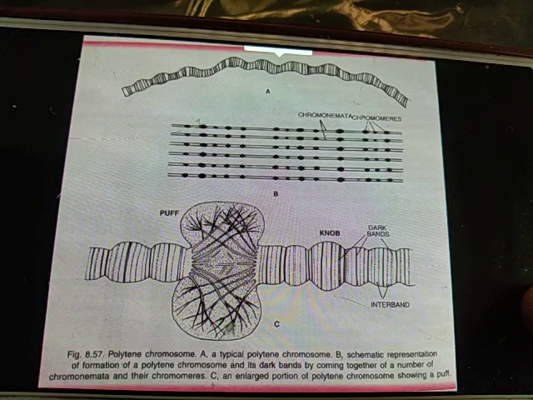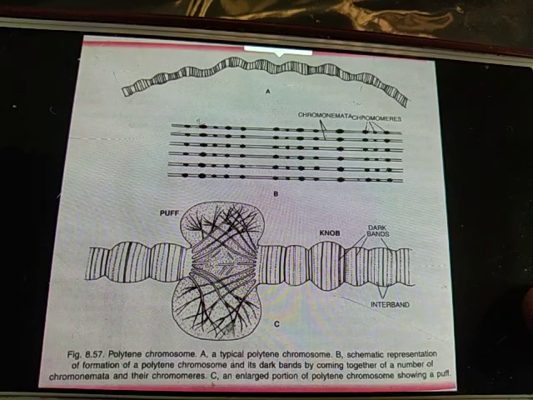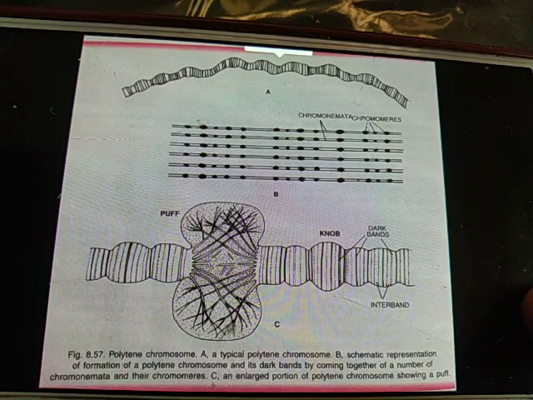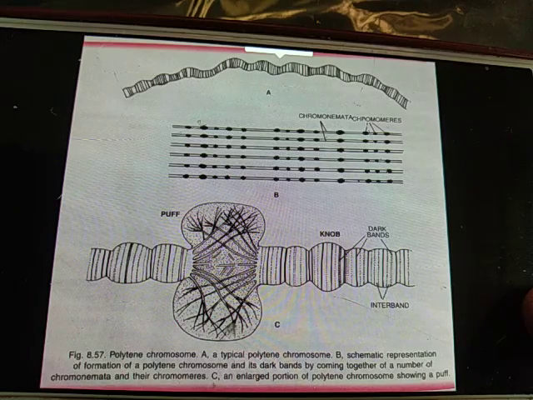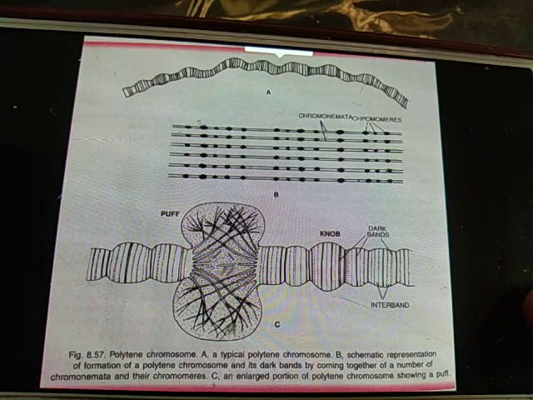They are quite common in the salivary glands of the insects and are therefore popularly called the salivary chromosomes. Polytene chromosomes also occur in other organs of the insect, antipodal cells of the embryo sac, okay, endosperm cells and the suspensor cells of the embryo.